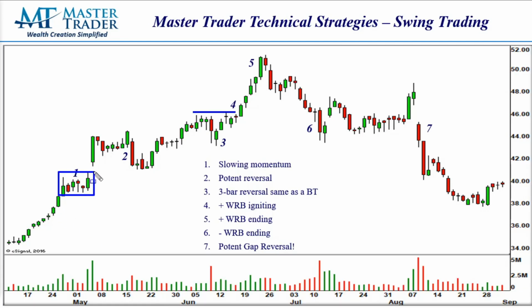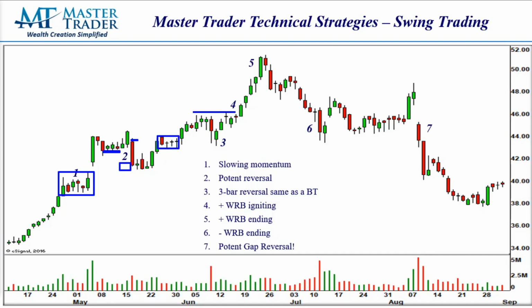So momentum slows down. We recognize that as small candle bodies or moving sideways. That's a pretty potent reversal right there, a gap down from the prior high and engulfing this whole area there. And look at how it repairs the damage. Here's a nice consolidation at resistance.